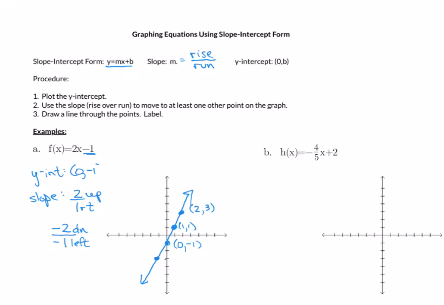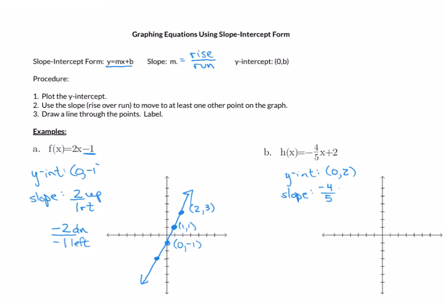All right, let's come over to example B. Our y-intercept in point form is going to be 0, 2. Our slope is -4/5, and that -4, you can either put it on the top or the bottom. I'm going to put it on the top. And now what does this tell me to do?